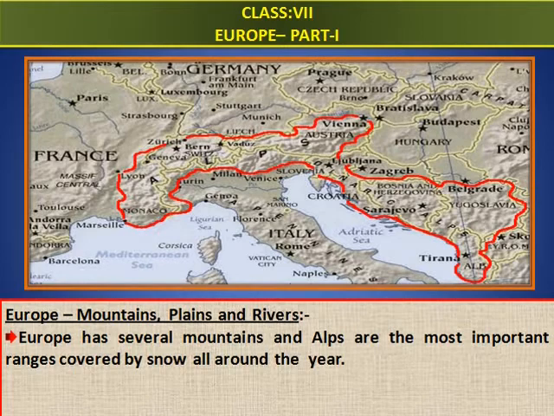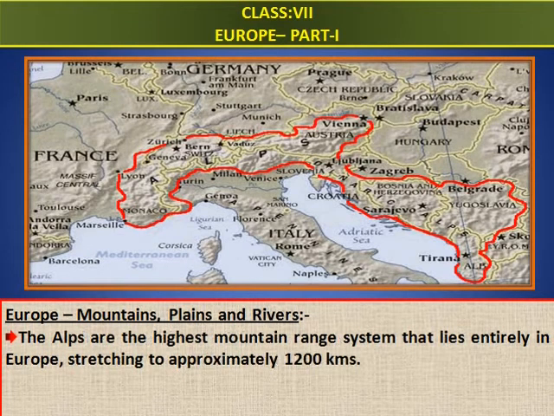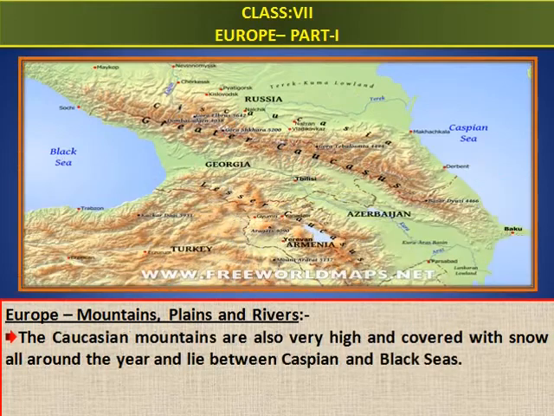The Alps are the highest mountain range system that lies entirely in Europe, stretching approximately 1200 kilometers. The Caucasian mountains are also very high and covered with snow all round the year and lie between the Caspian and Black Seas, and they form the southern boundary of Europe.